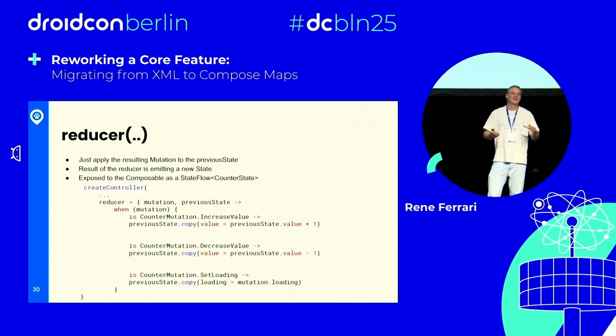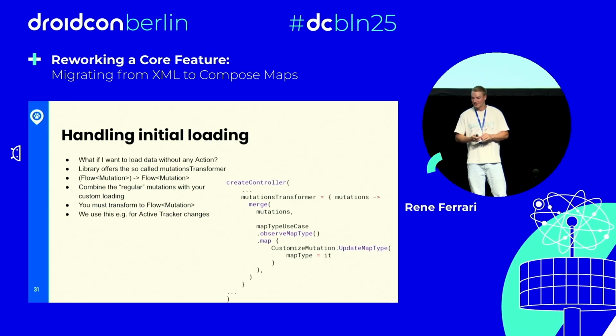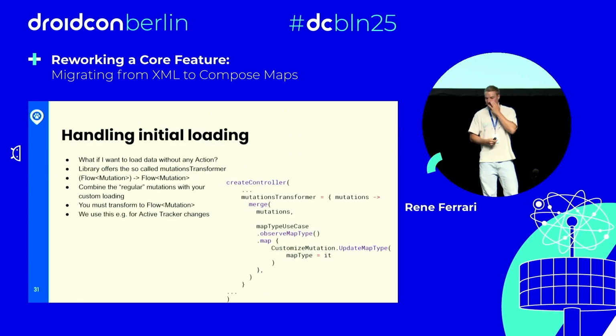It sounds a bit more difficult with the whole mutator reducer thing, but the core concept behind it is rather simple. One thing that might be interesting as well is handling initial loading, because usually if I open a screen, I don't want to first press some button before data is loaded.